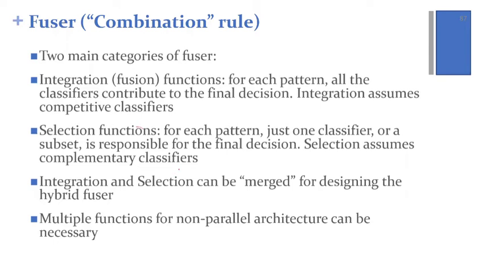We call it integration. All the classifiers will be involved in the combination that we want to carry out in the ensemble system. That is the integration function. That is, all the classifiers that you have trained, like 55, all of them will be used.